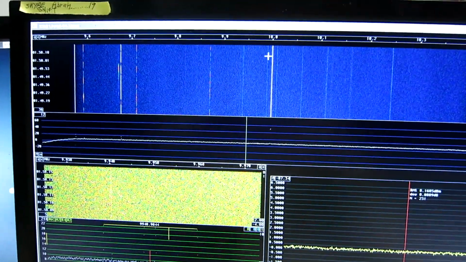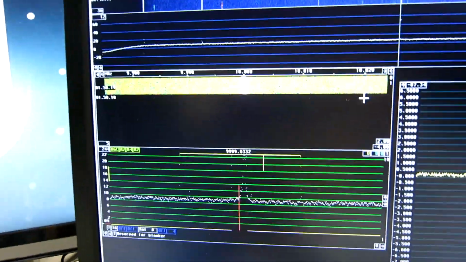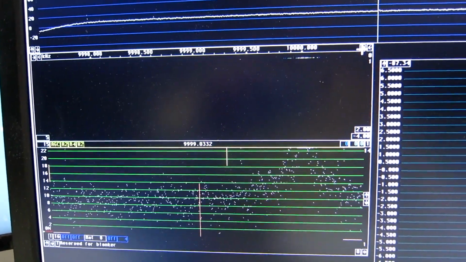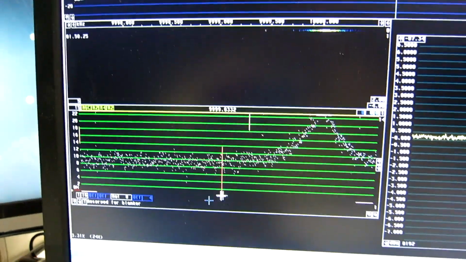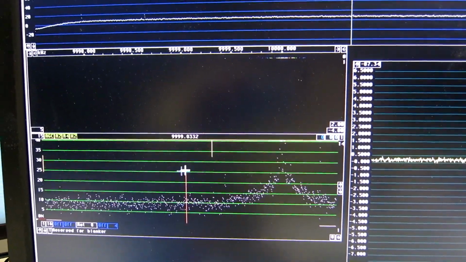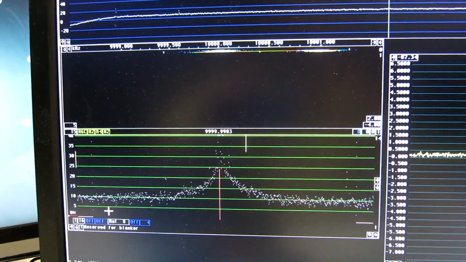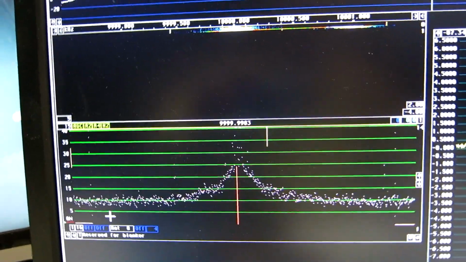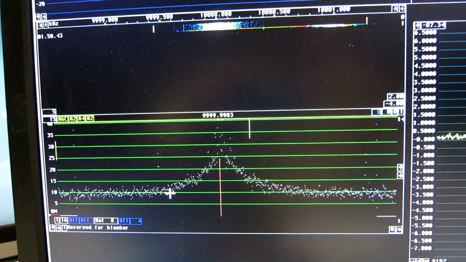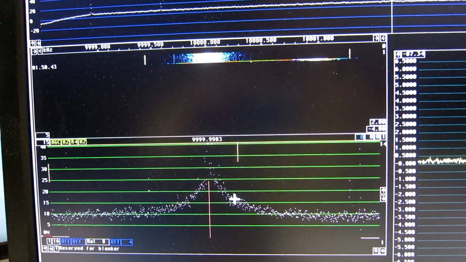So if I click at 10 megahertz where the resonance is, and then I have to widen the display and bring down the scale here. And here you can see there are some 10 megahertz signals around, but the noise trumpet from the noise of the crystal goes like this.